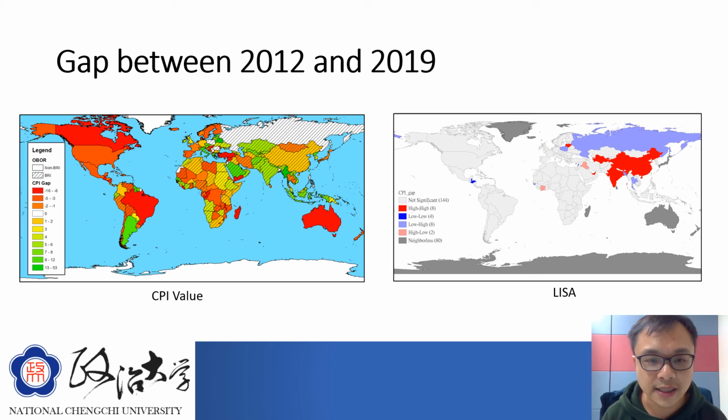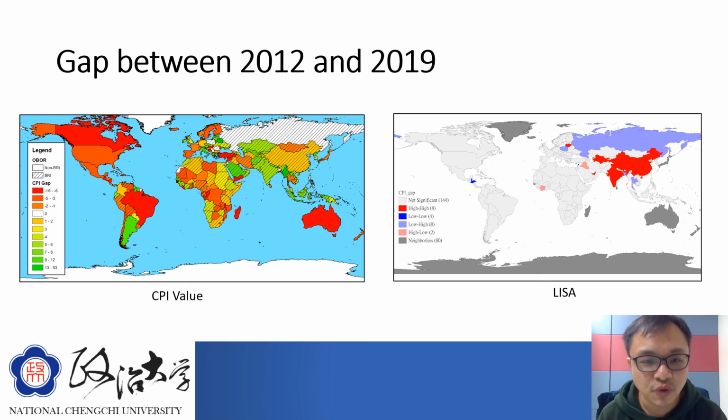So if you look at the countries with slashes, especially on the Silk Road, you can see that these slashed countries are actually improving. China improved 1 to 2 points, and let's say India improved more than 3 points.